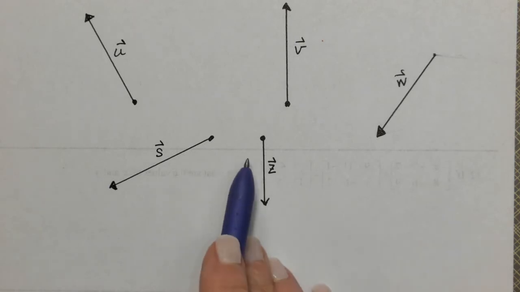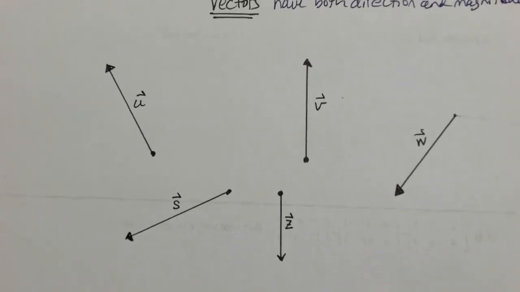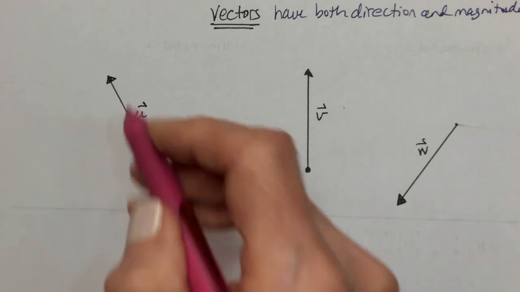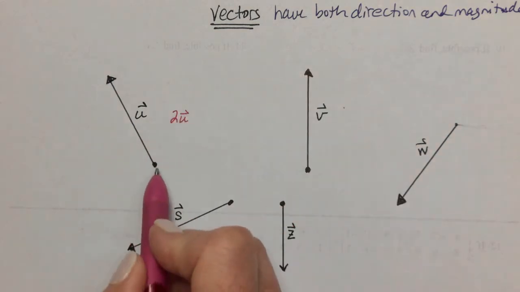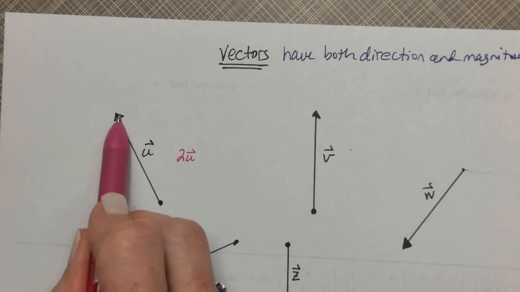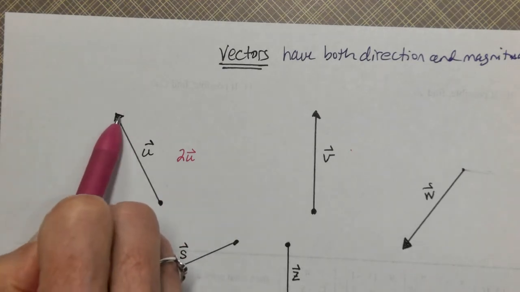The next thing that we're going to do with vectors is we are going to add them. We're going to multiply them by a scalar. If I wanted to find 2 times u, I would take u and I would want to keep the same direction, just multiply its magnitude by 2.